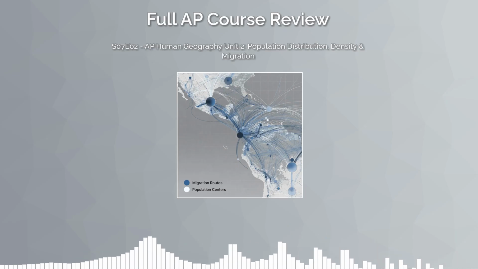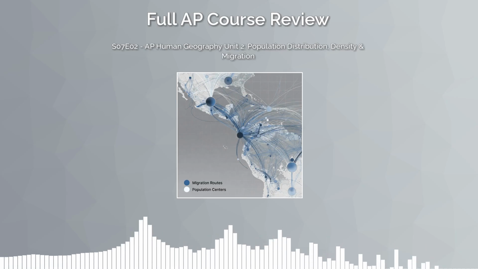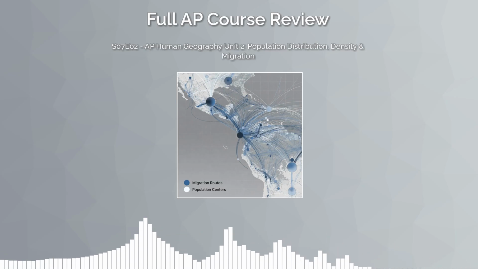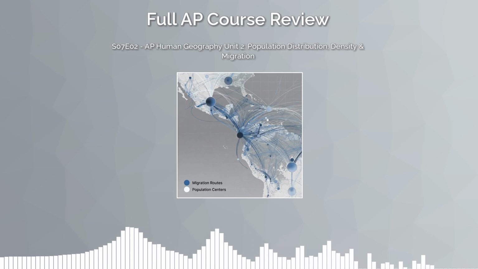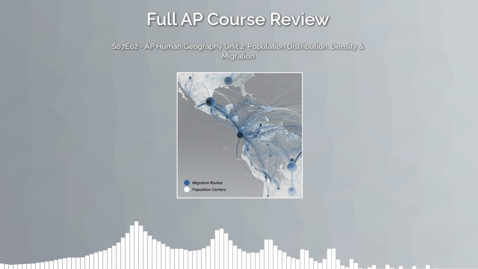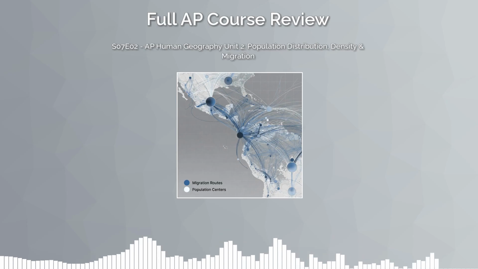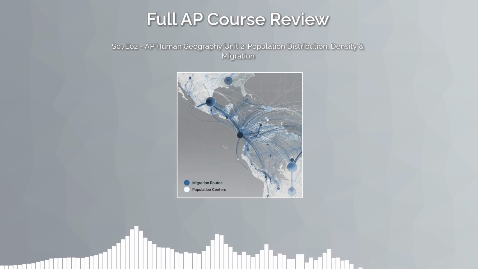The critical FRQ move, connecting distribution to policy. For the FRQ, the most sophisticated move you can make is connecting population distribution consequences to specific government policies. China's hukou system, internal migration registration, was explicitly designed to control the consequences of uneven distribution.